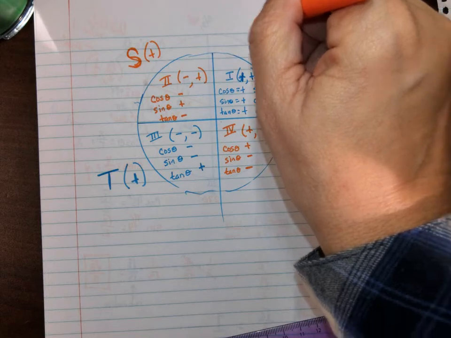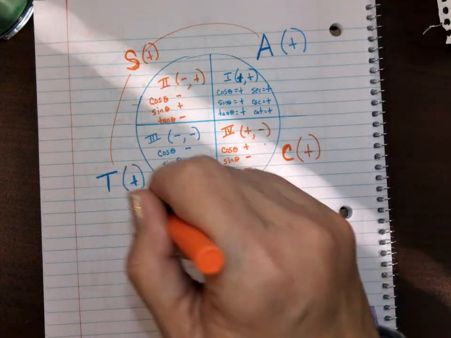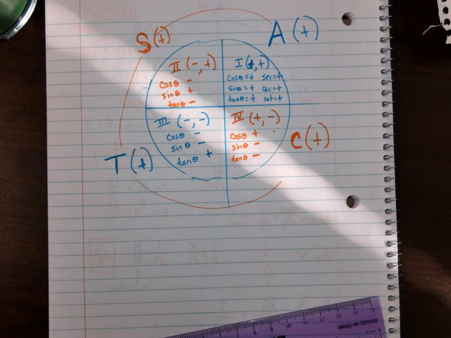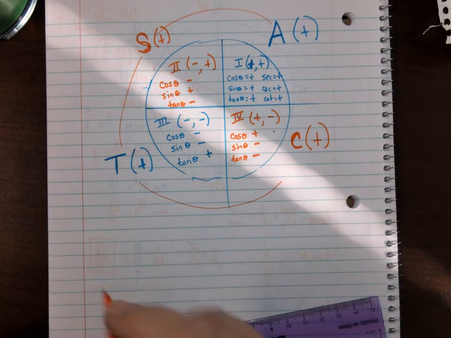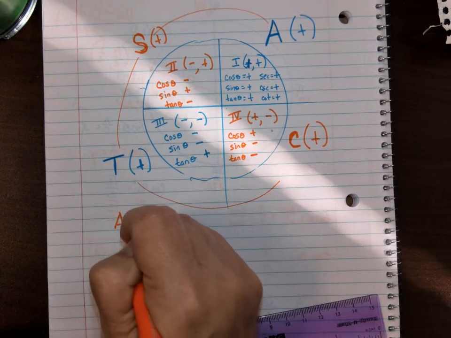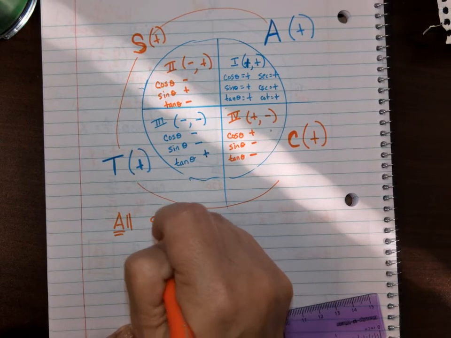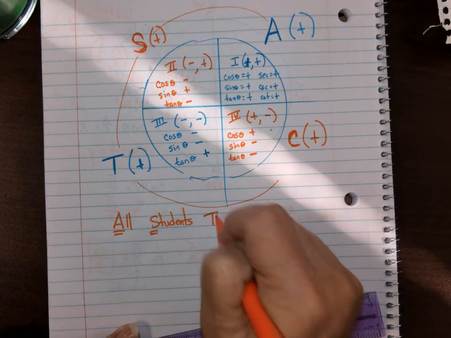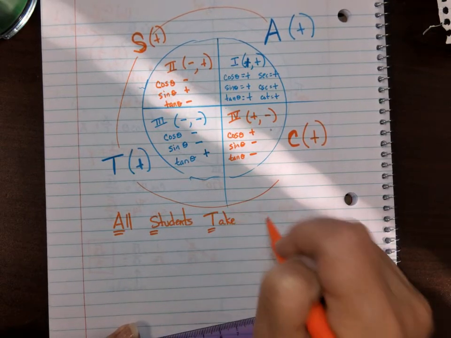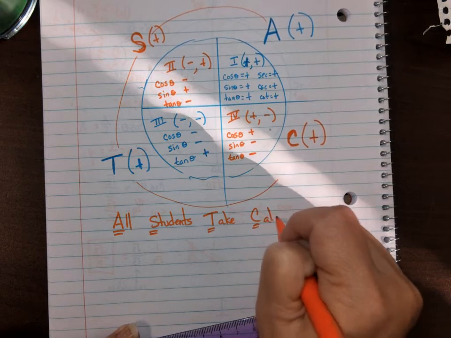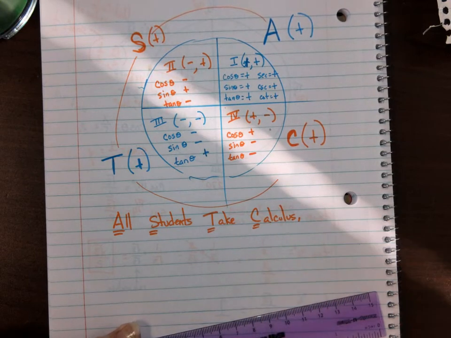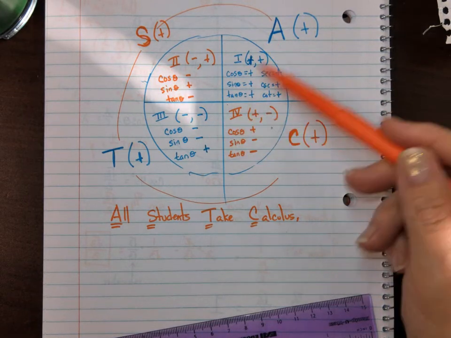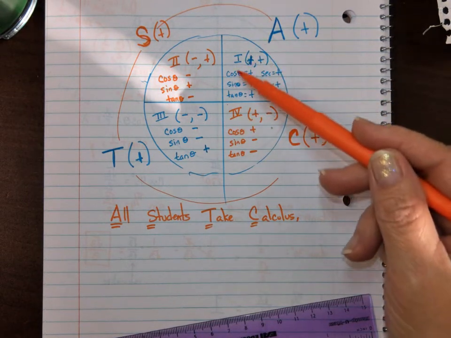So now if we go around counterclockwise, there's a little acronym, which is not a true statement, but: All Students Take Calculus. So that's just telling you in the first quadrant, all the trig functions are positive.